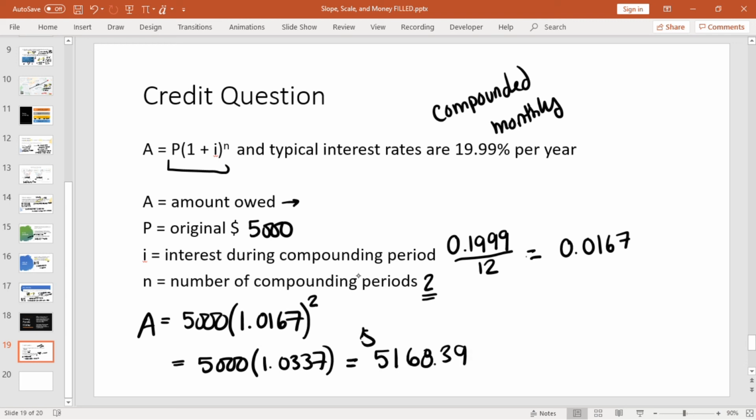So there we go. In 2 months, I have already got $168.39 in interest. So it goes quickly, and my next month's interest will be calculated not on the original $5,000 but on the new amount, $5,168.39. So it's folding that interest in, and you're accruing debt much faster than you would with simple interest.